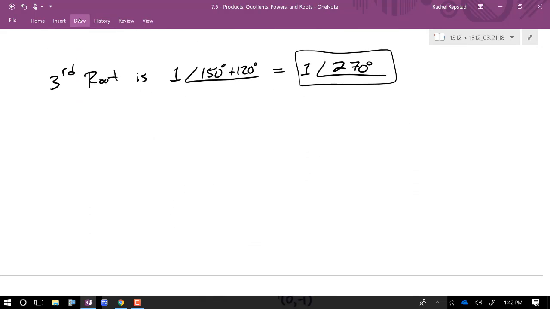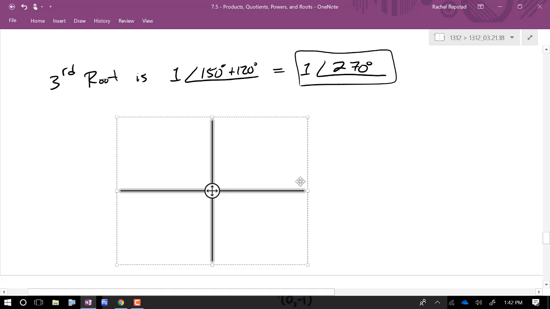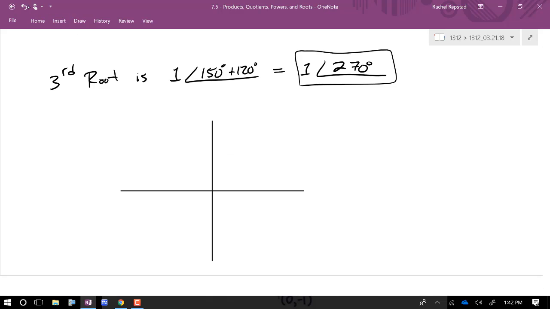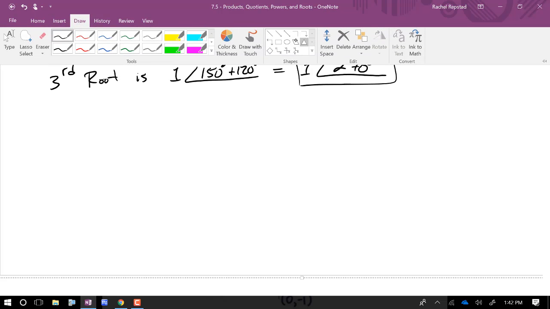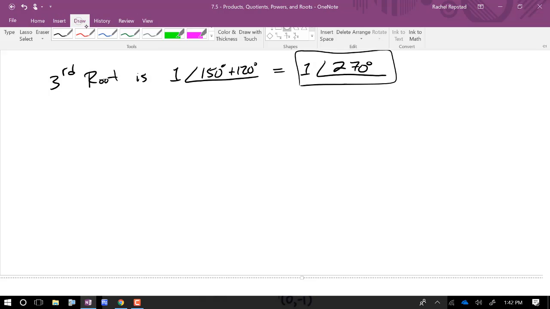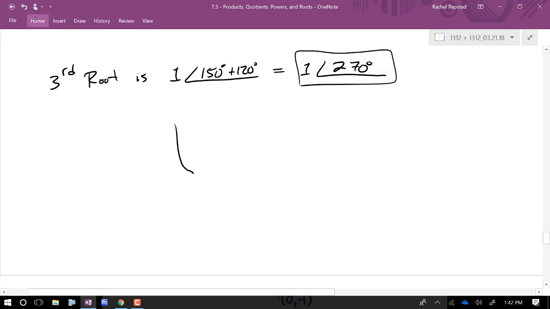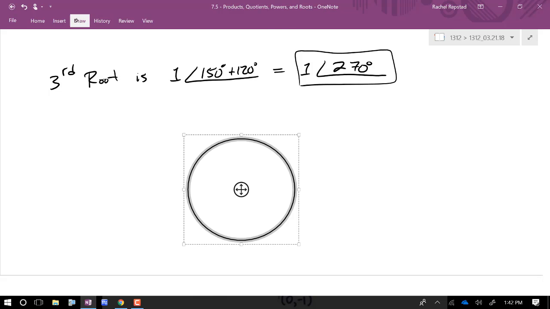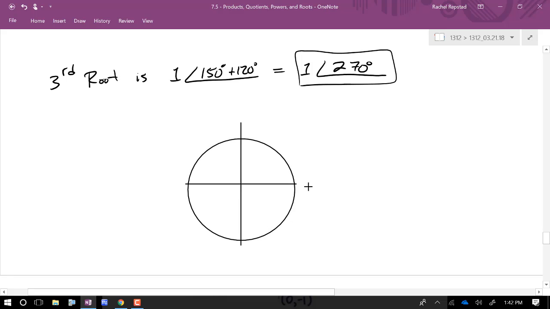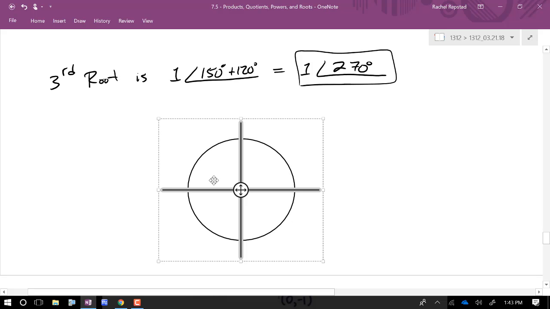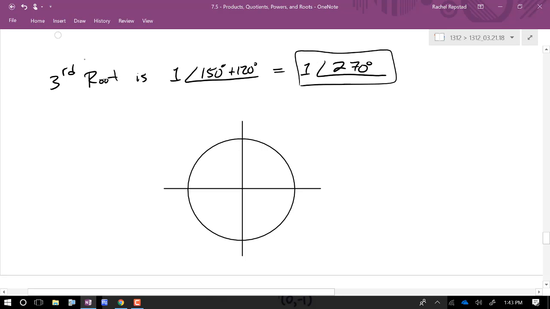And now if we were to plot these, let me do it this way. So this is a circle of radius 1. I picked radius 1 because that's the modulus of our first root. And basically they're all equally spaced. So our first one had an angle of 30 degrees.